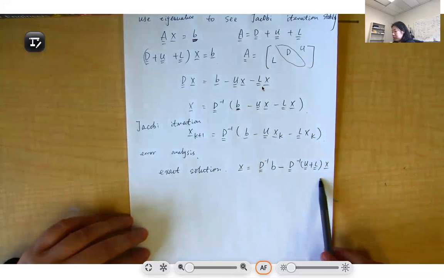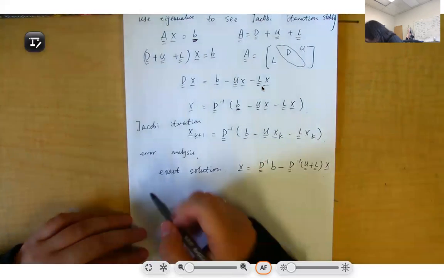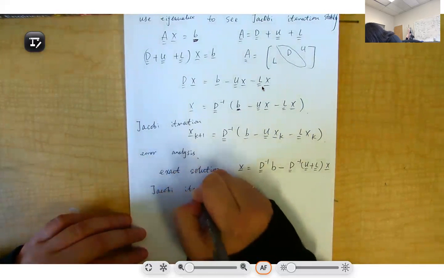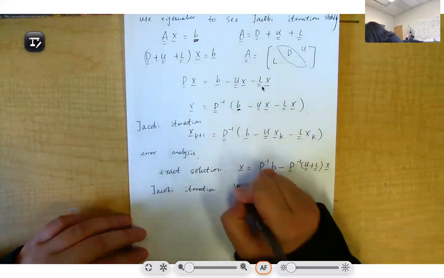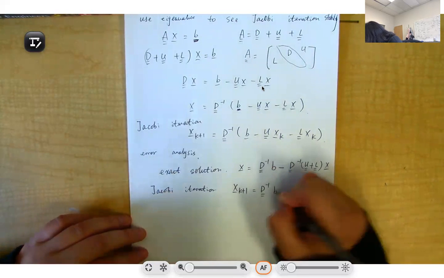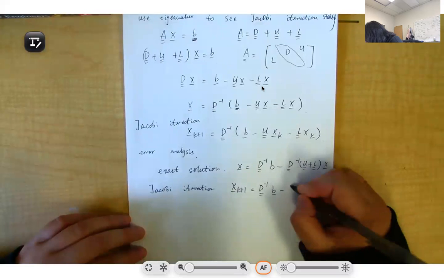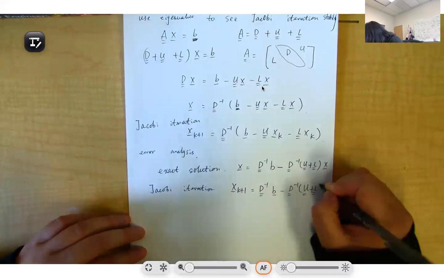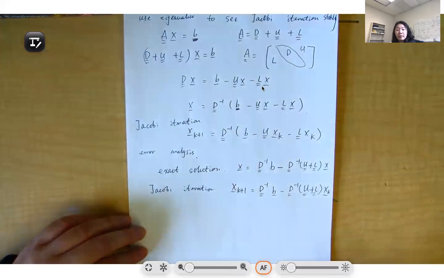So this is the equation the true values should satisfy. How about the Jacobi iteration? The x k plus 1 equals D inverse B minus D inverse (U plus L) times xk. Okay, so this is the Jacobi iteration.